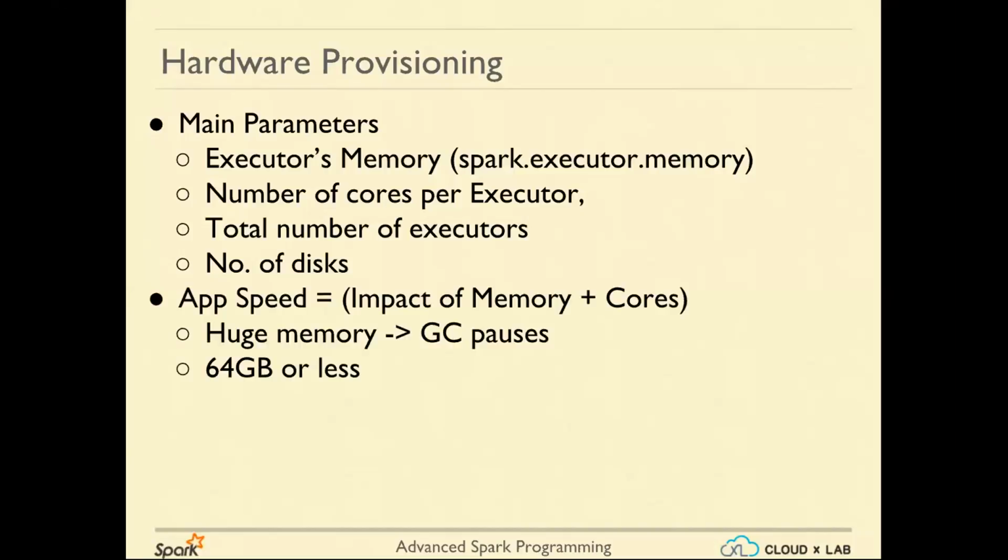So basically the application's speed is a function of the memory and the cores. The more memory and the more cores, the faster the application will run. If you have huge memory, beyond say 64 GB, what happens is the Java garbage collector takes a long time to check the memory because there are just too many memory addresses.